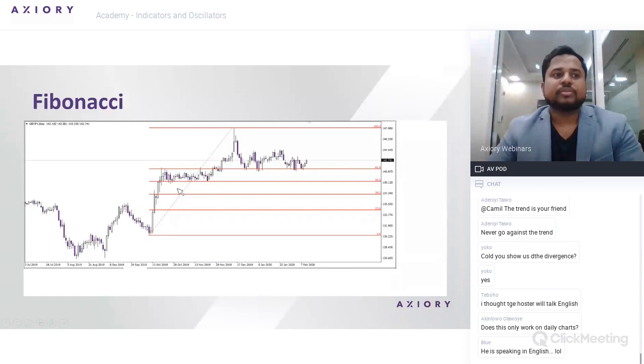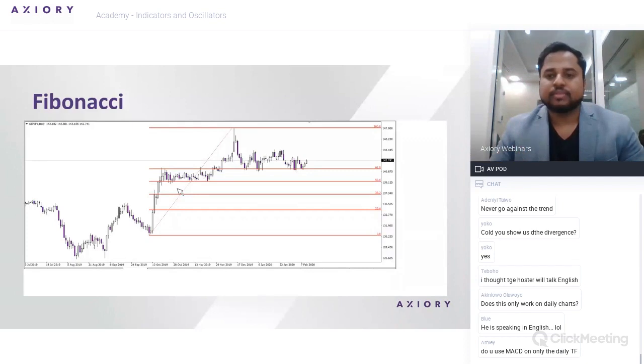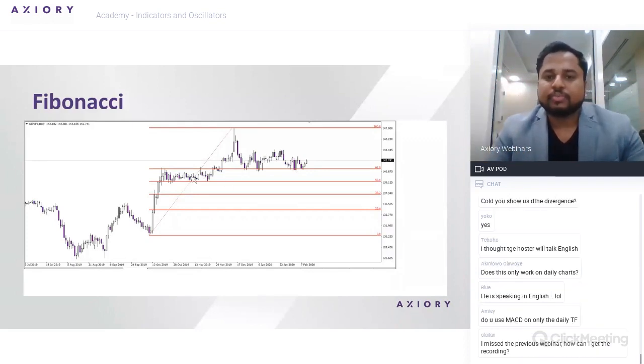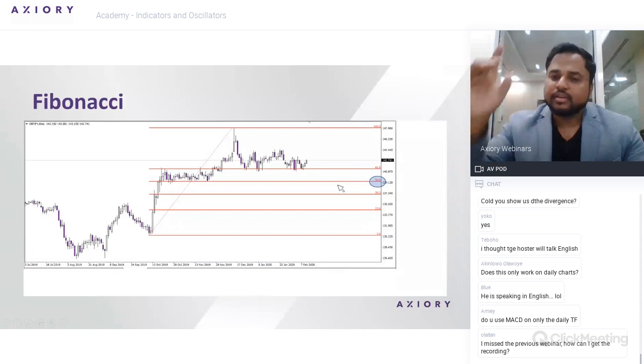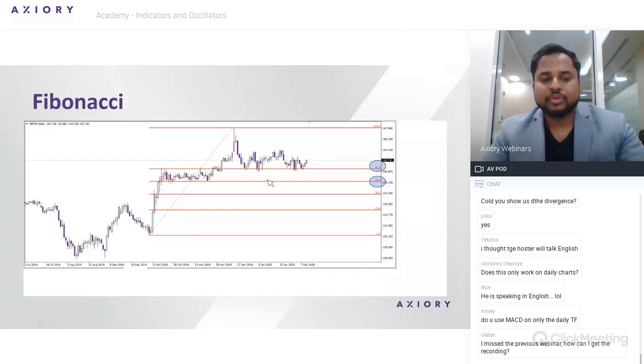Fibonacci tells that the market always respects some levels like 38, 50, 61, 100. If price reaches some level, say 50 and 61.8, the market can go further up again. I'll show you here in the chart.